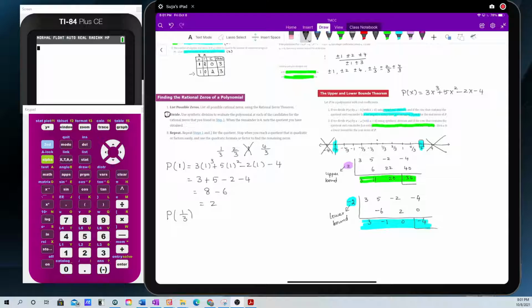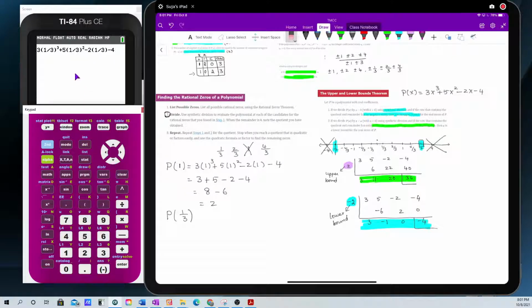Now, this part of the work, you can use your calculator too, and I would recommend doing that because it'll be easier for you to deal with. So I'm going to go 3 parentheses, 1 divided by 3 cubed, plus 5 parentheses, 1 divided by 3 squared, minus 2 parentheses, 1 divided by 3, minus 4.